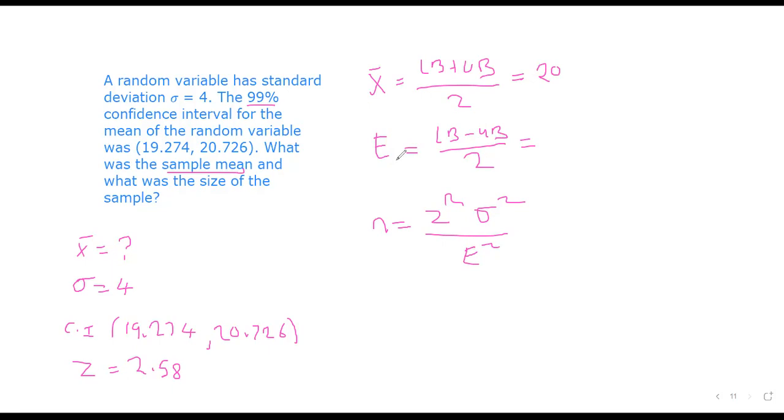What is the error? 0.776. Okay? And now all of you calculate the sample size. Don't say it, just post it in the chat. Quickly.